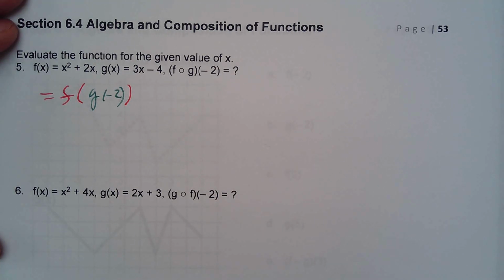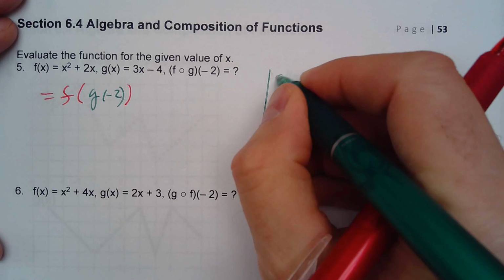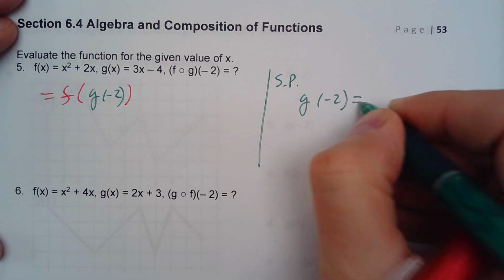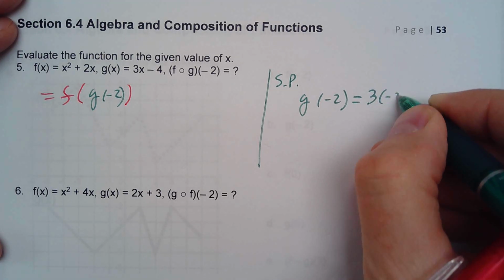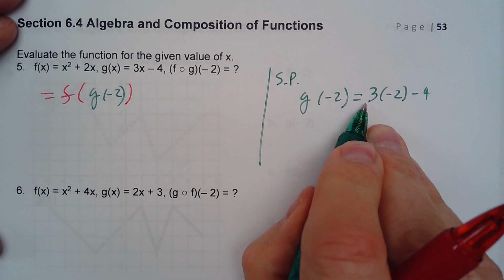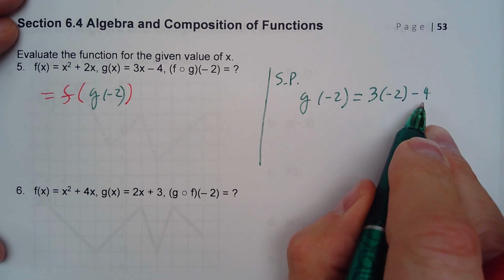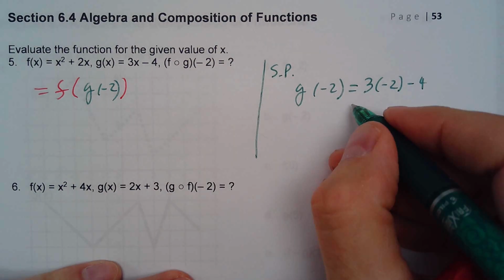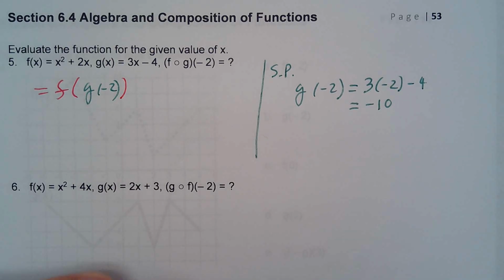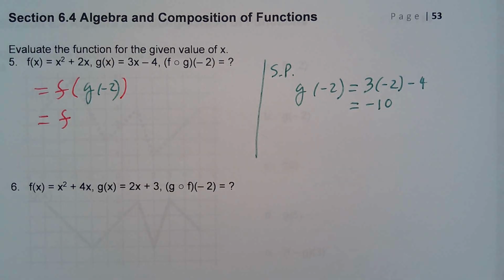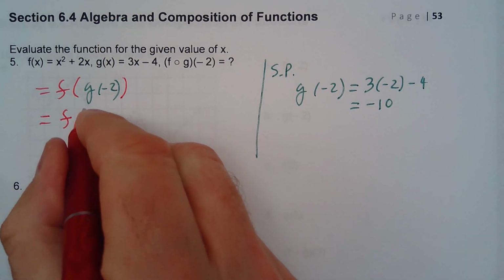So I'm going to first find, on my scratch paper, g of negative 2. So I'm just going to plug in here. 3 times negative 2 is negative 6. Negative 6 minus 4 is negative 10. So that would just be equal to negative 10. So now I'm working on evaluating f of negative 10.